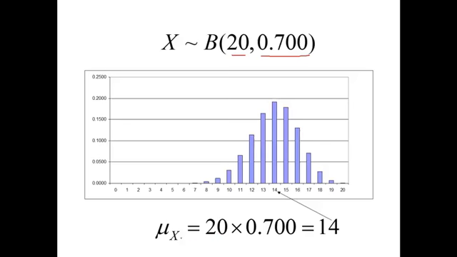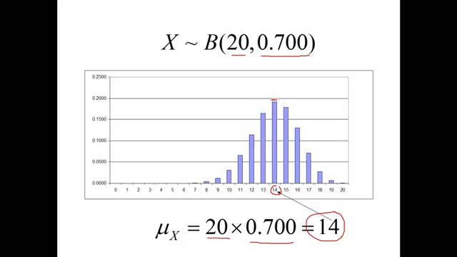Now, if I do my mean, I take 20 times my n, 20 times my p, 0.7, and this works out to 14. Well, 14 is right here, and look, for the binomial, that's right, this highest bar right here. Your expected value, your mean, is right there in the middle of the bell.